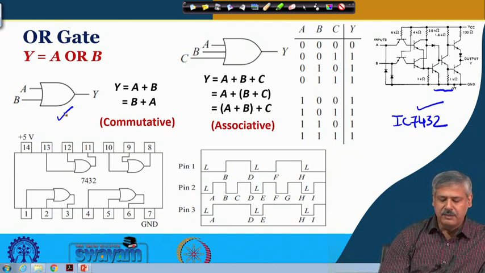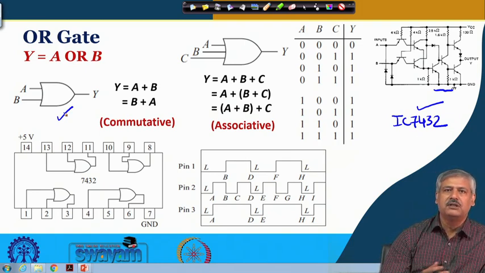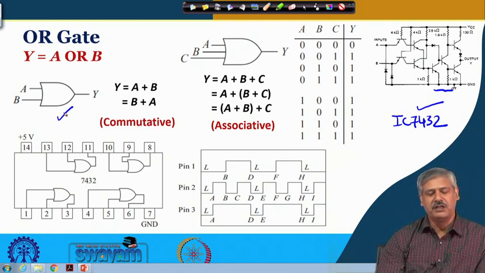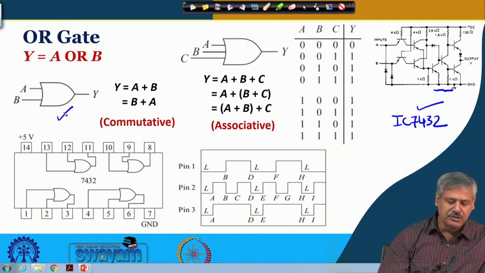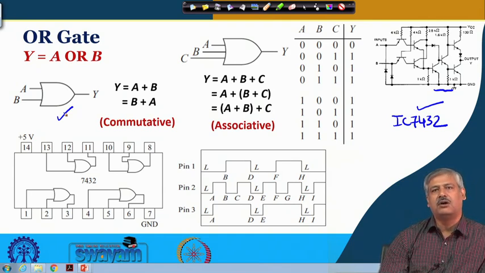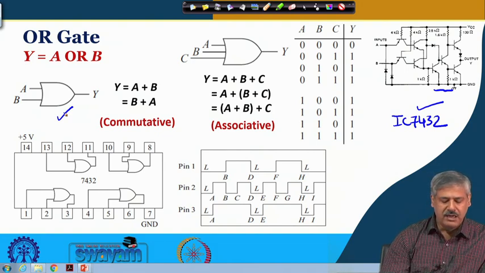And if you look at other representations like the timing diagram, for that we use the IC 7432. IC 7432 is again a TTL IC which has 4 OR gates inside it, and 1, 2 is the input and 3 is the output.